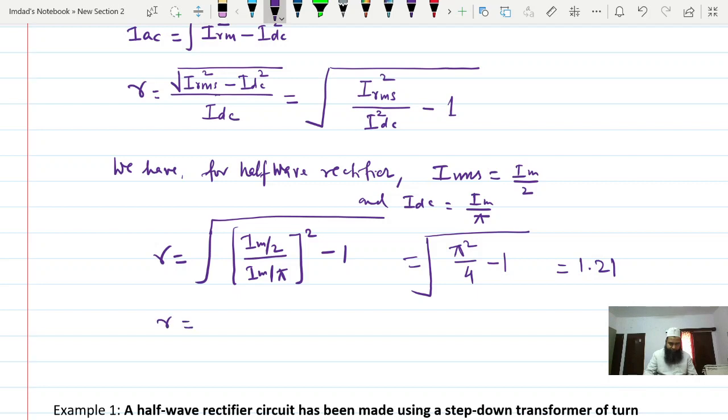The ripple factor for half-wave rectifier is 1.21.